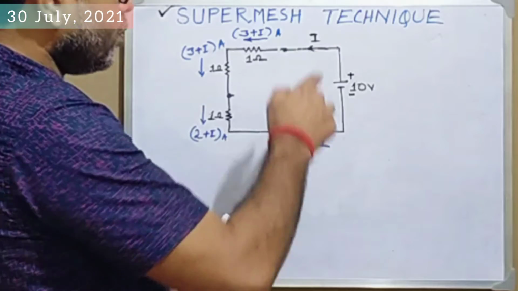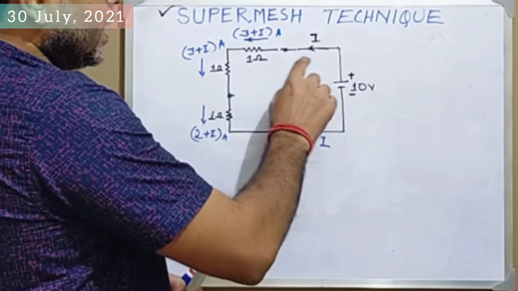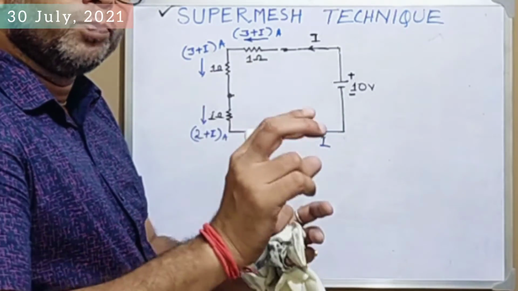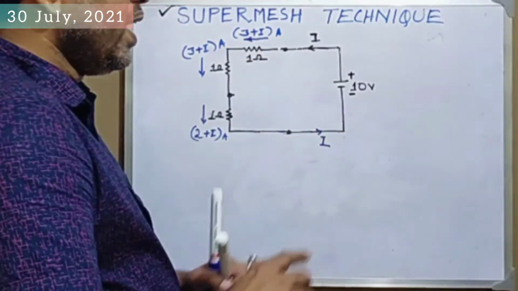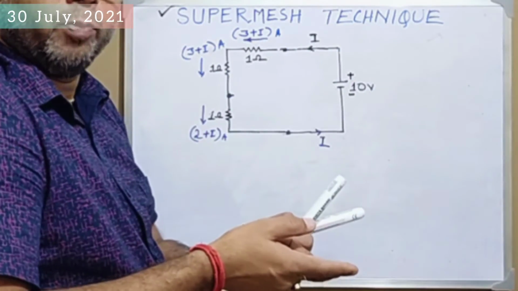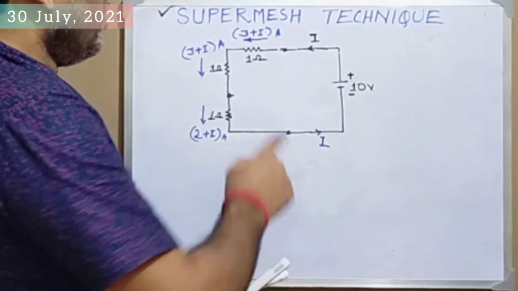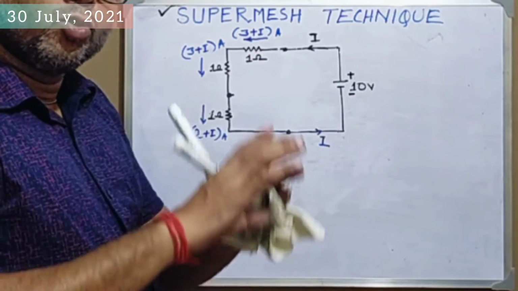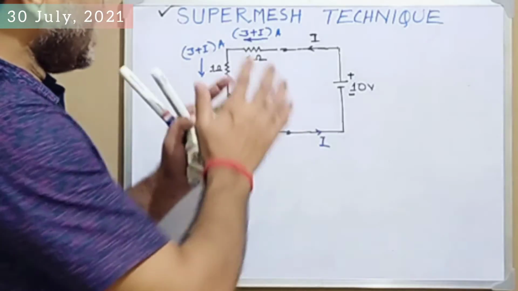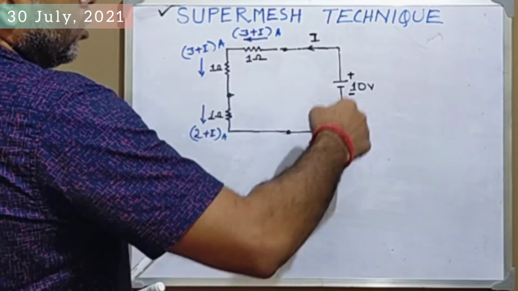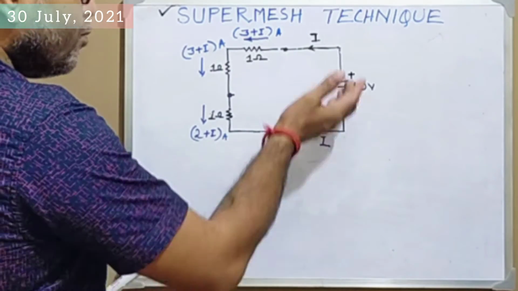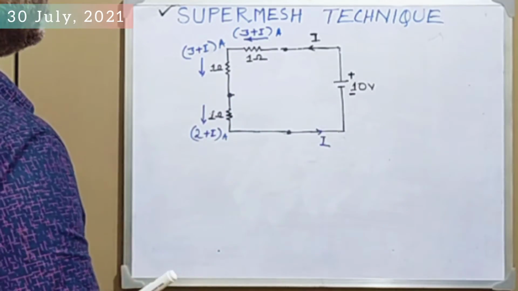Similarly, in this case, whenever a number of small loops or small meshes are merged into a single big loop or big mesh, we consider it a super mesh. This is the technique. Now only a single loop is available, so comfortably you can apply KVL for this circuit.